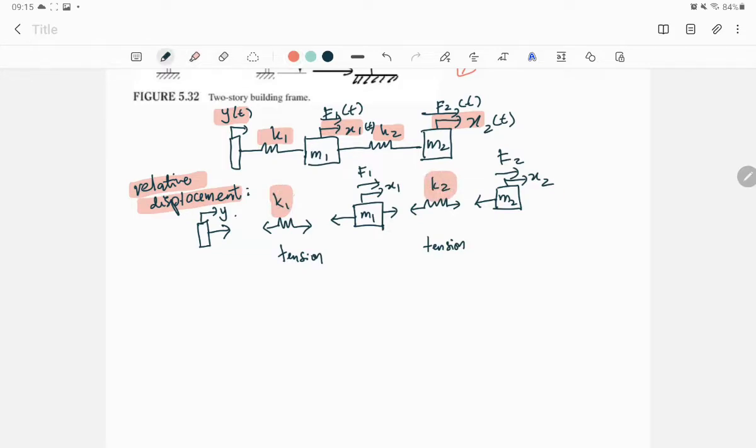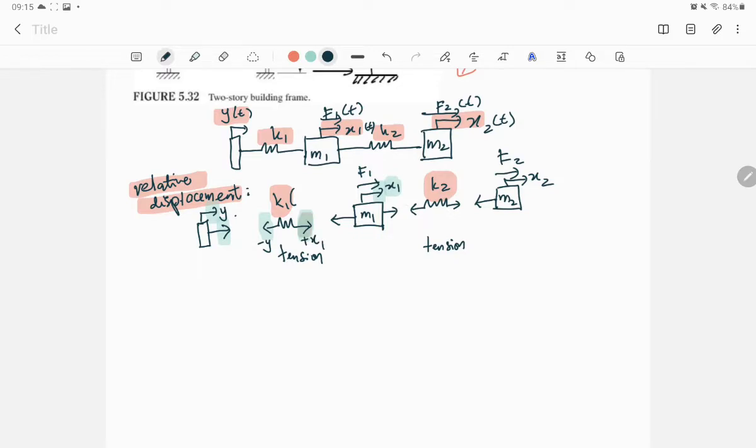Then you write your relative displacement. How do you do it? Basically, you look at the arrowhead here. This arrowhead is in the same direction as X1, so it's positive. And this one is in the opposite direction, so it is negative. So this side here is negative Y, this side here is positive X1.